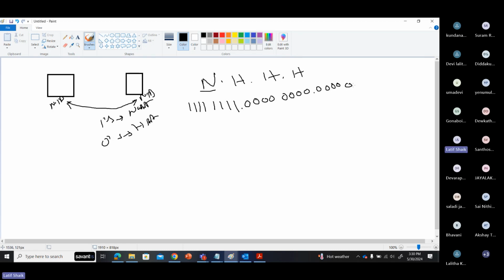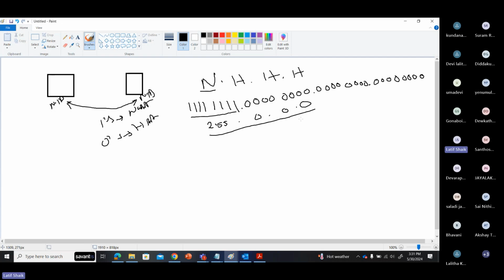Ones won't come in the middle. So this is the network portion. This means 255, and this is 0, this is 0, this is also 0. So this is your default subnet mask.